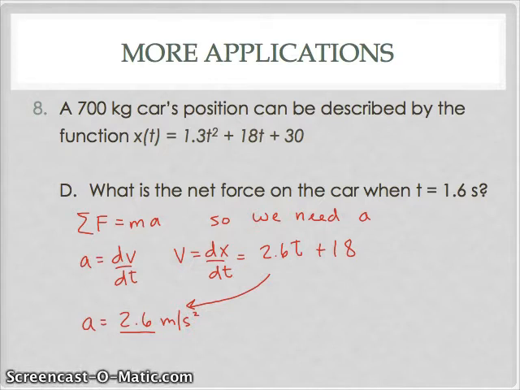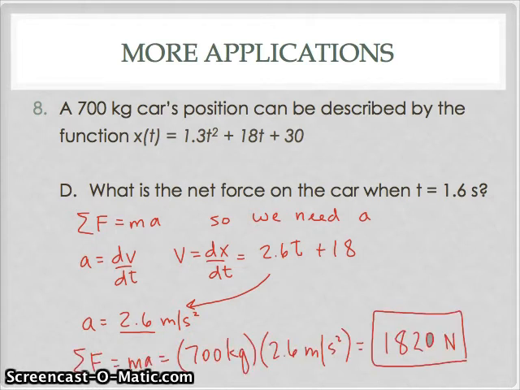So this comes out to be a constant number of 2.6 meters per second squared, so it really doesn't matter what time we are talking about. This object has a constant acceleration, therefore it has a constant force. And we can find that value of force by just multiplying the acceleration times the mass, 1,820 newtons.